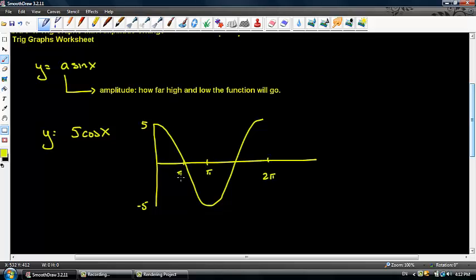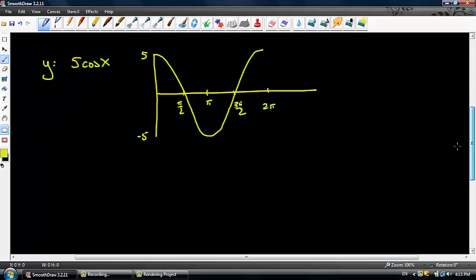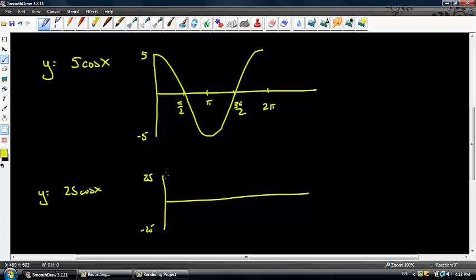I think that amplitude changes are pretty simple. So if I do another one, y equals 25 cosine of x, it's the same thing, except now my scale is by 25. 2 pi, pi, pi over 2, and 3 pi over 2.